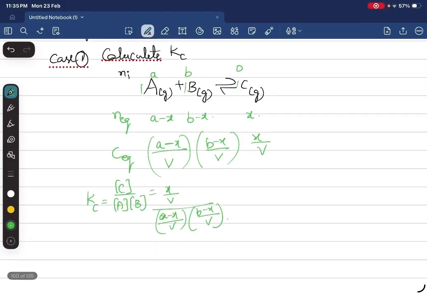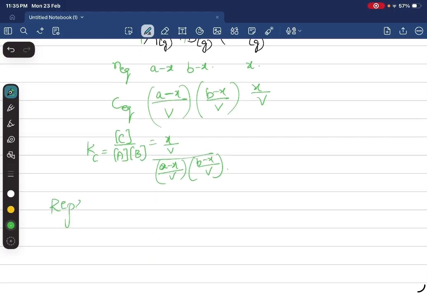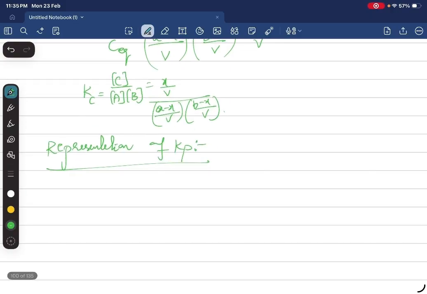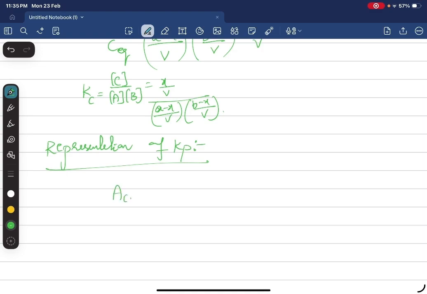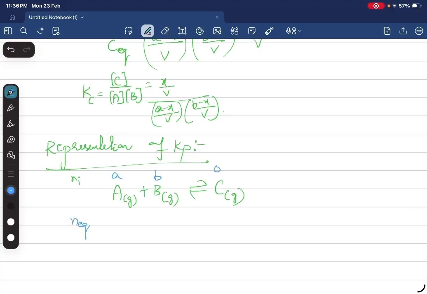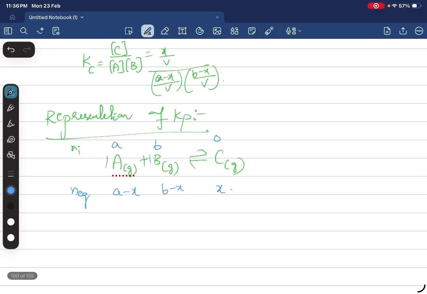Similarly, how to represent Kp for this? So representation of Kp, this is also most important. Take the same equation, A plus B gives rise to C, all are gases. Let us take initial moles: this is A, this is B and this is 0. So equilibrium number of moles will be, x is the change, so A minus x, B minus x, and here coefficients are 1, so just 1x we are writing.